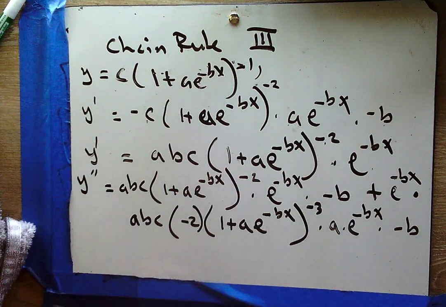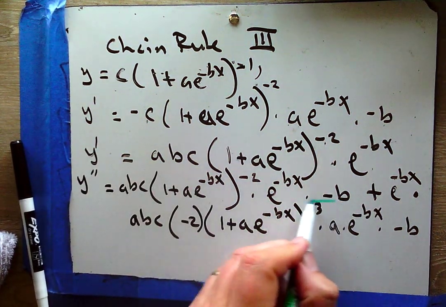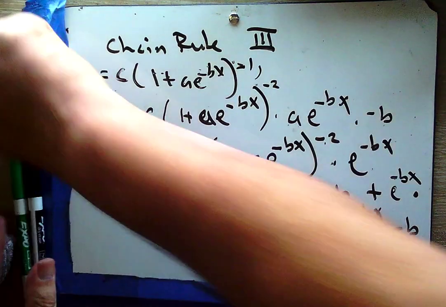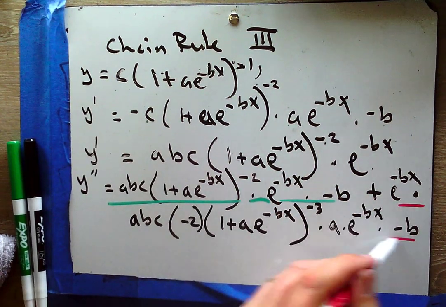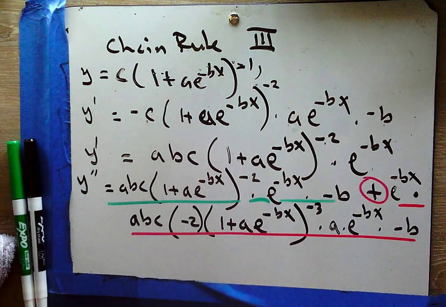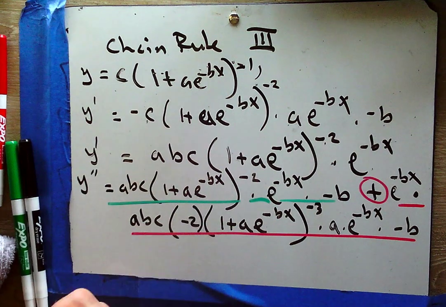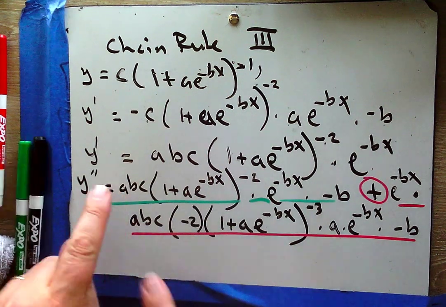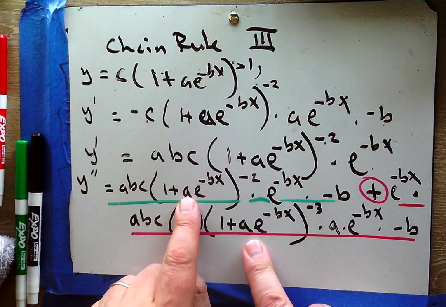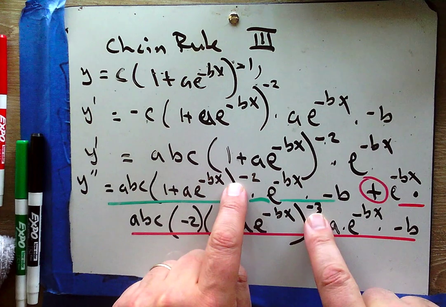Well, this is the place where it's really good that we spent all that time thinking about how many terms we were looking at. There's one term. Here's the other term. See how they're separated by that plus sign? So what's my GCF here? What can I take out of each of these terms? Well, I see an a, b, c. I see 1 plus a times e to the minus bx raised to different powers, so I'll take out the smaller power.